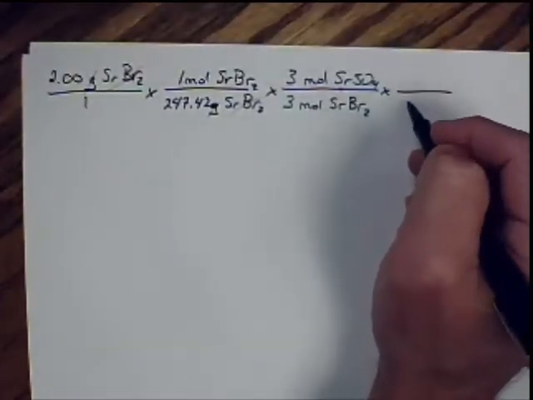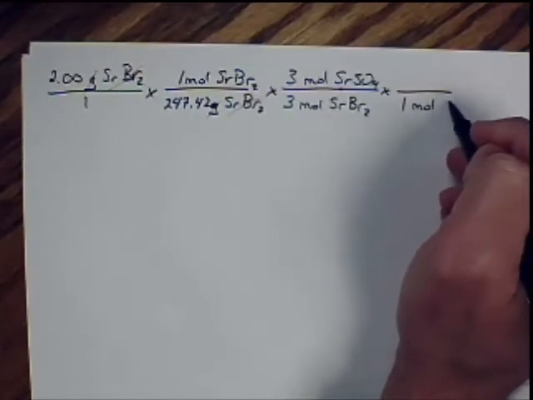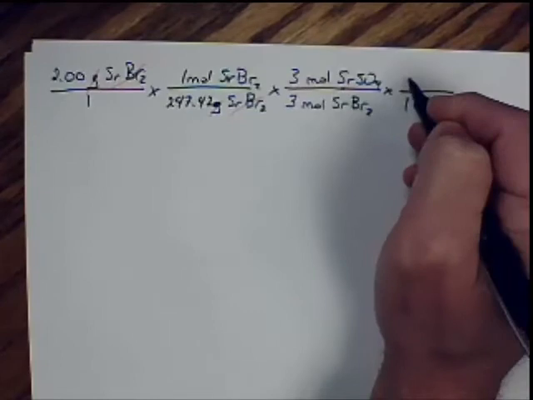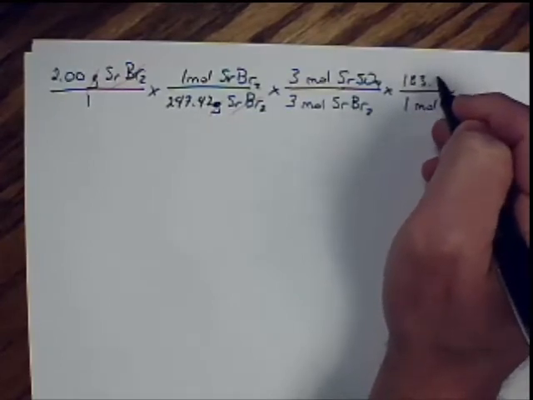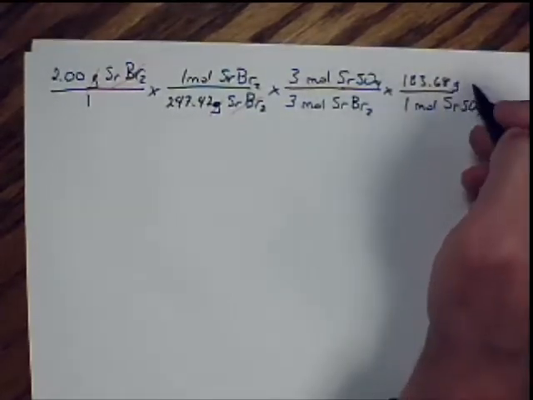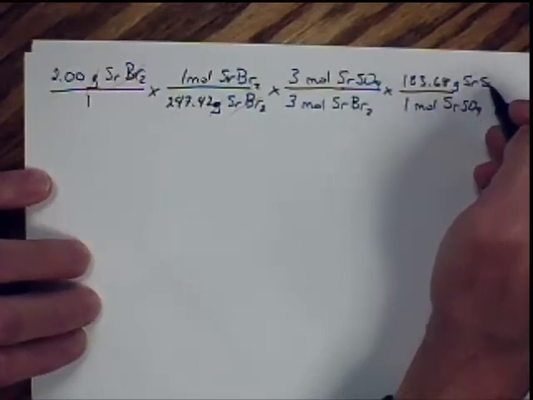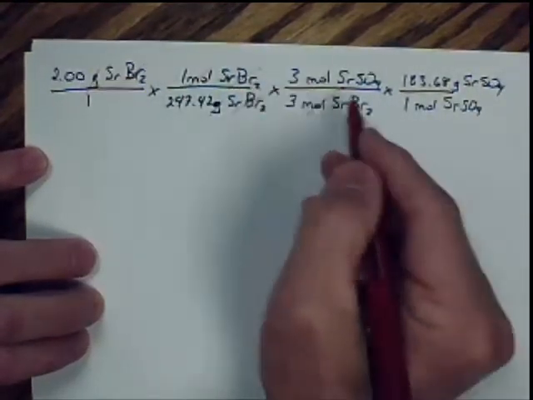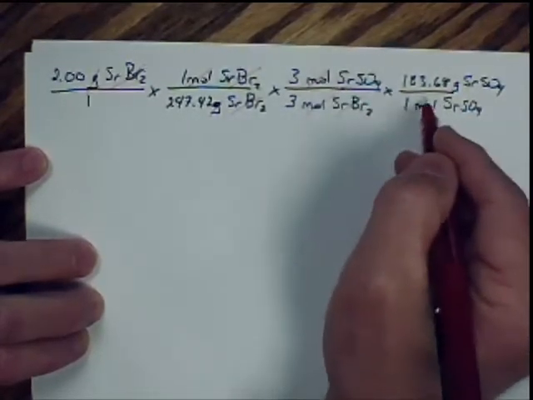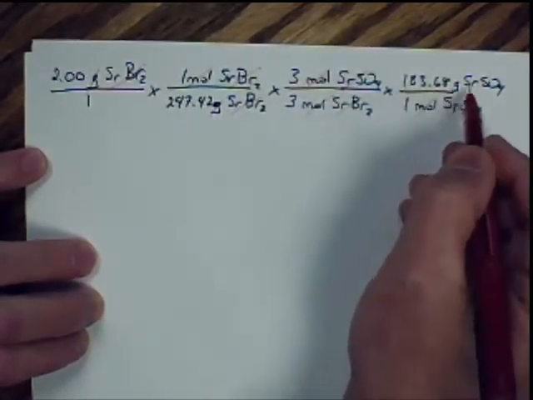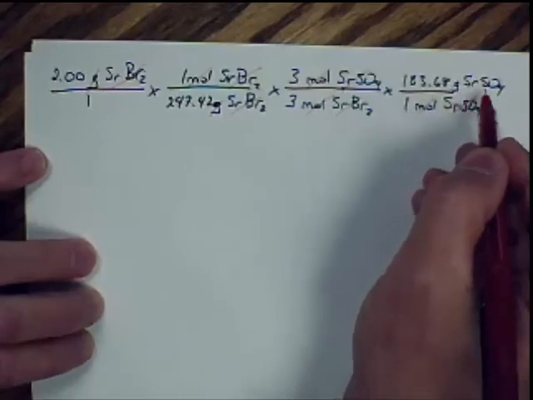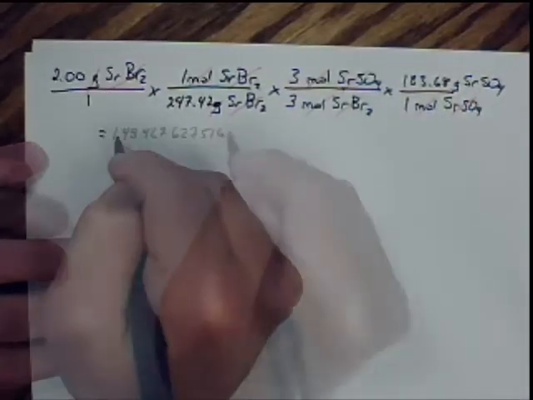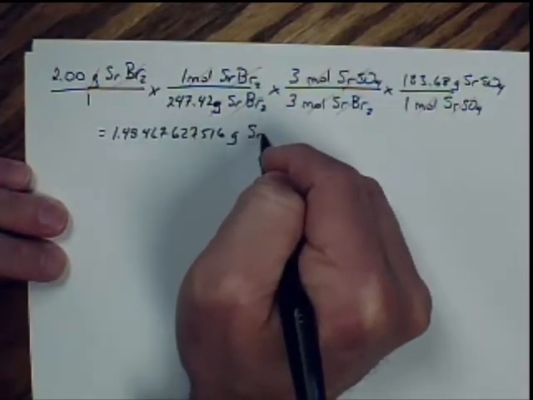So we want moles on the bottom, so the 1 mole of strontium sulfate goes in the bottom, and the 183.68 grams of strontium sulfate goes on the top. Need to cancel as we go here, and we can see that we've set it up so that we're going to end up with some mass, because I've got grams of strontium sulfate. We did the math. Grams of strontium sulfate.